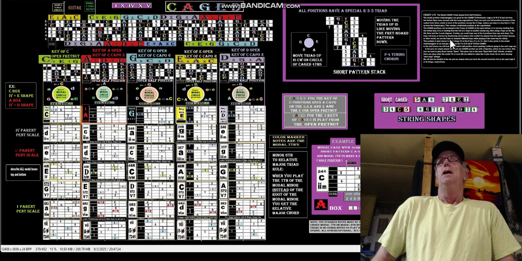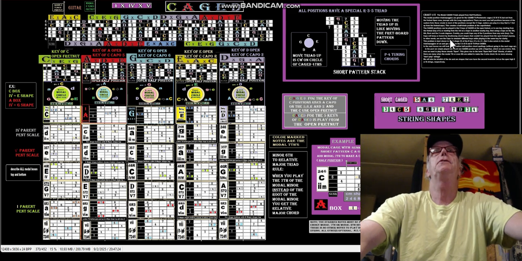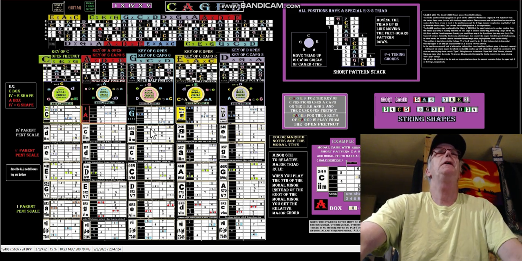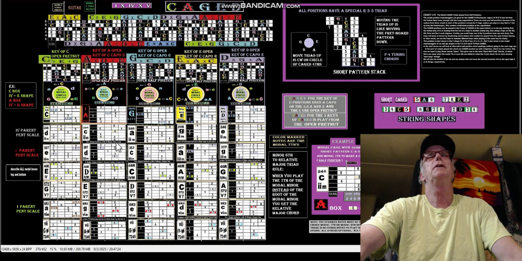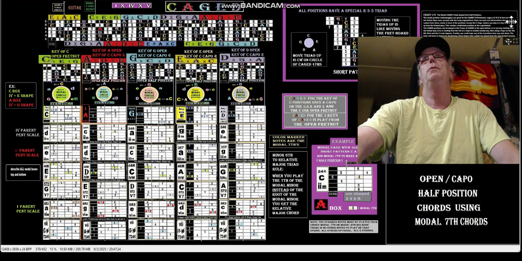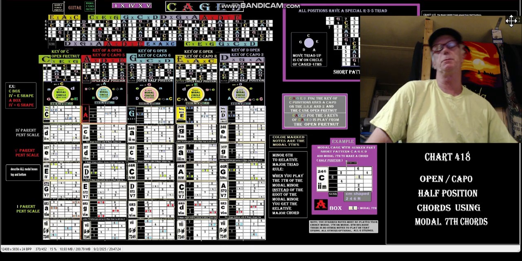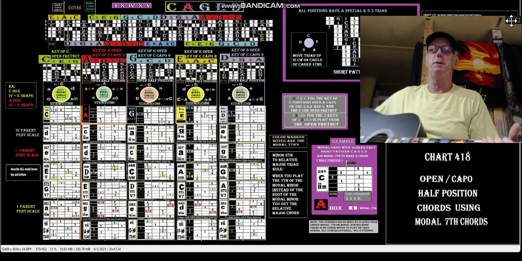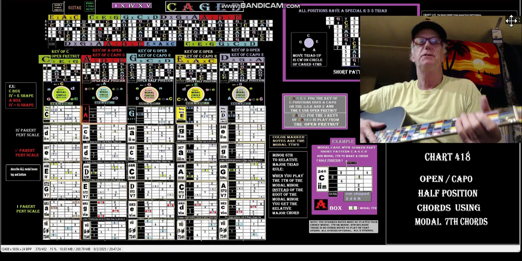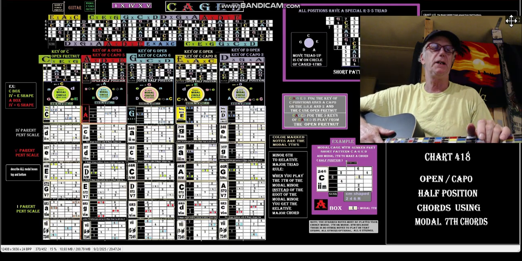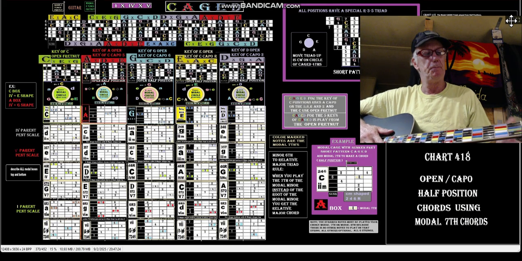So let's go to the next chart. We're again looking at the open capo half positions. I've got some explaining to do for beginners or people who just appreciate reviewing this.